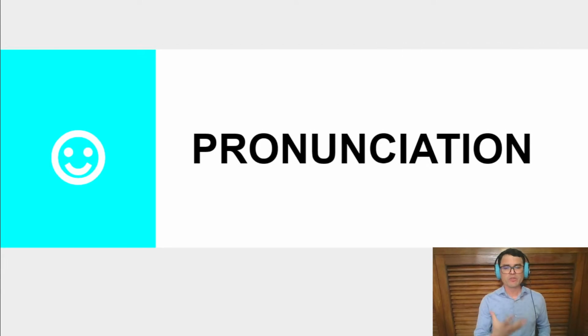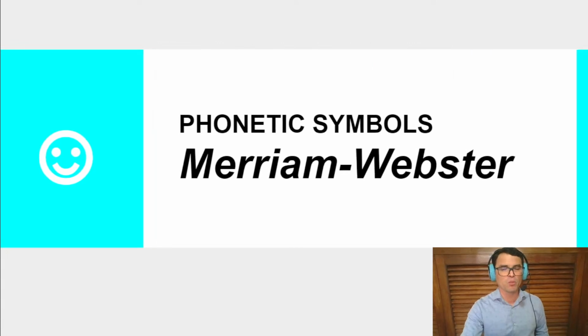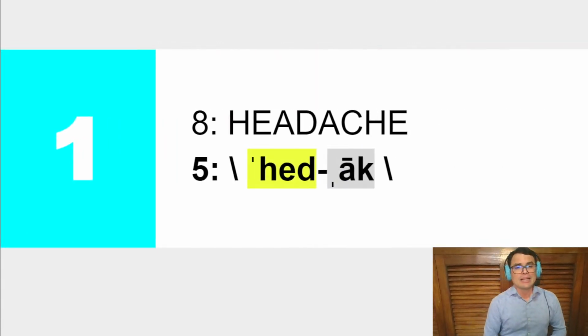Let's improve our pronunciation using the phonetic symbols from the Merriam-Webster dictionary. Eight letters for this word, five sounds, two syllables. The first syllable is the stressed syllable. You have a vowel sound in the first syllable, and another in the second syllable. That a with a hat. Pronunciation: headache.